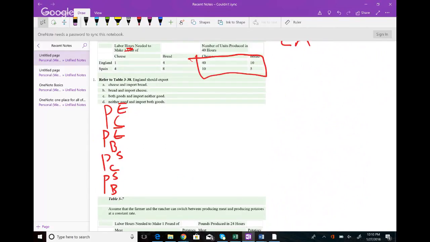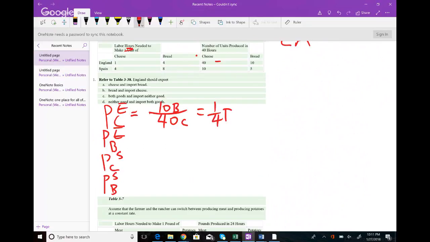Okay, so first let's do England. Looking for the price of cheese in England, remember for the four prices, whatever price you're looking for, the maximum number goes on the bottom of the fraction. So for England, they can produce a maximum of 40 cheese. So 40 cheese goes on the bottom, and what goes on top is the maximum of the other good, which is 10 bread. Simplify this, it's 1/4 bread.